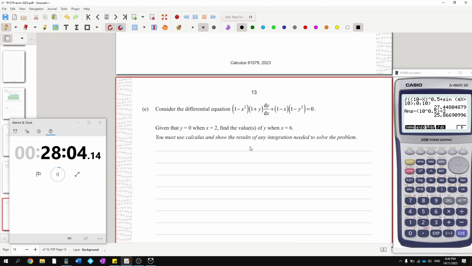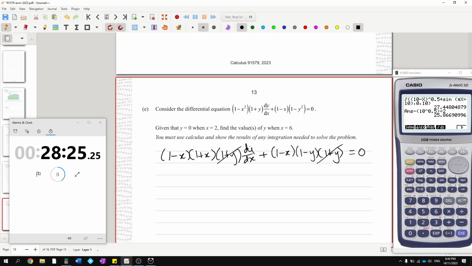Okay, so it's just like 1 minus x, 1 plus x, 1 plus y, dy dx. Oh gosh, they really are not slick. This is not slick at all.